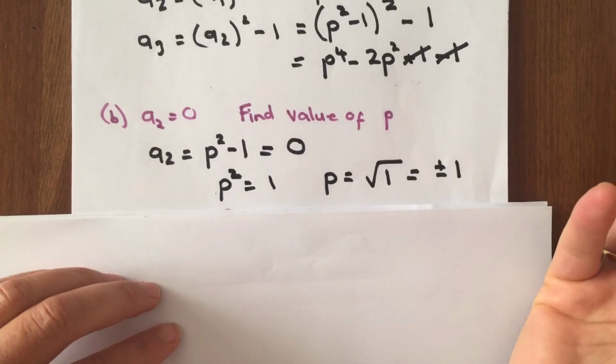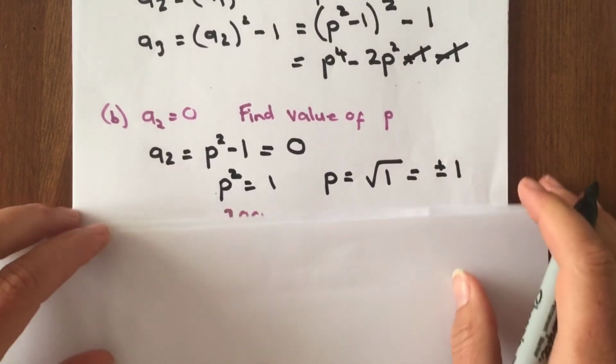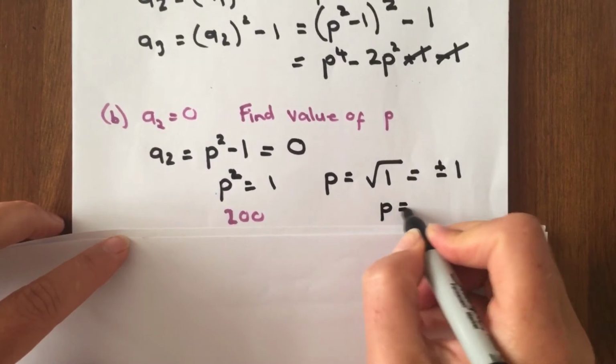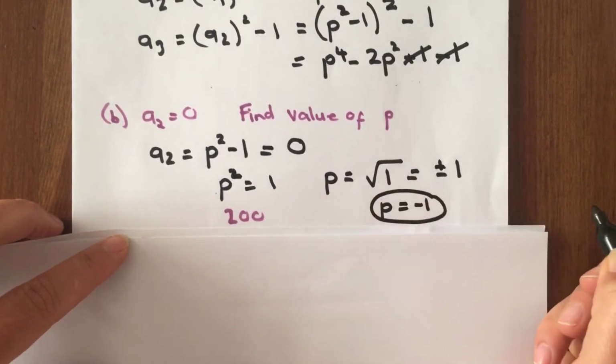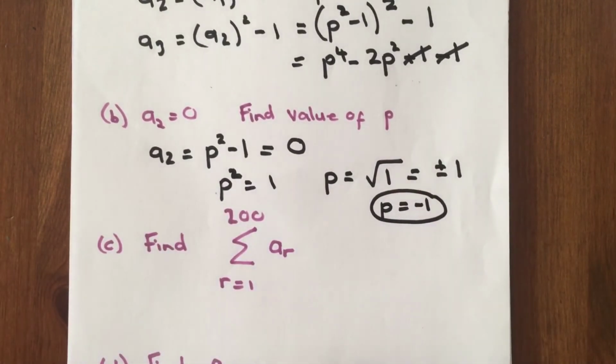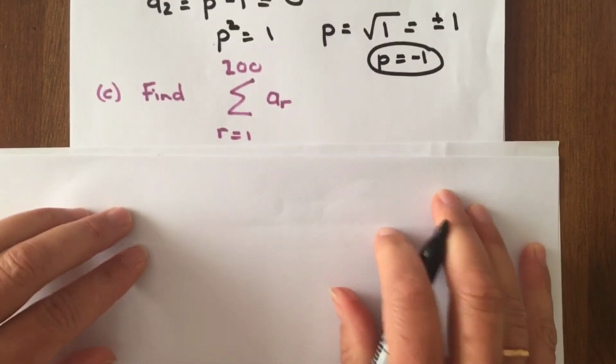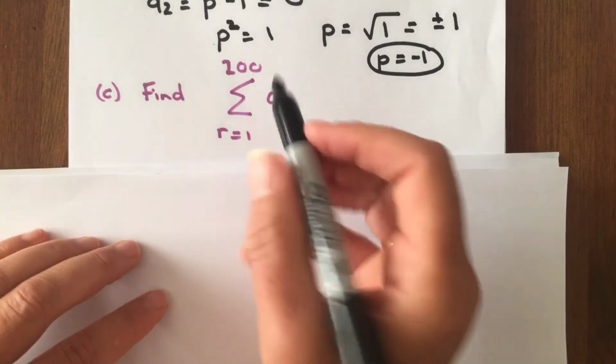You're also told at the start that P is less than 0, so P must be negative 1. So there's my answer.